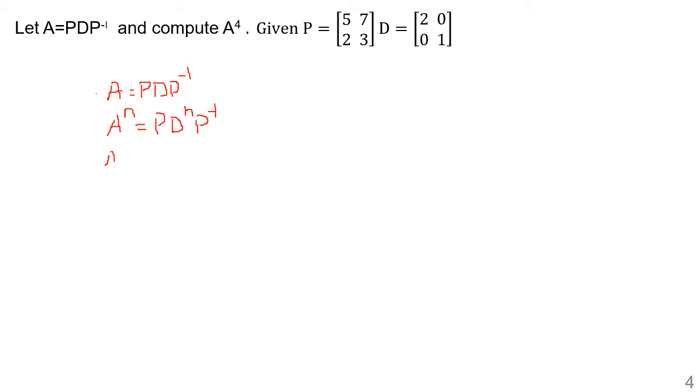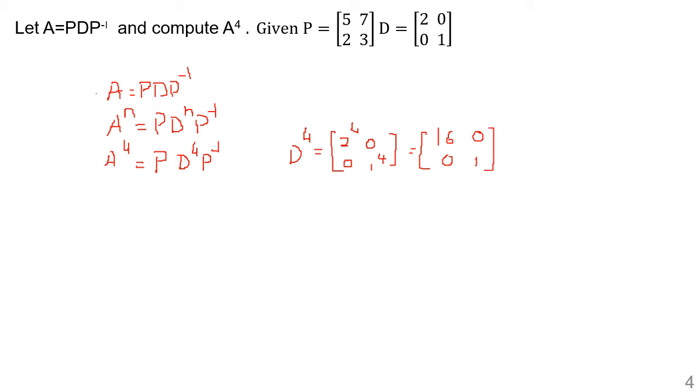So here n equal to 4, so A to the power 4 is C B to the power 4 C inverse. B to the power 4 is given by 2 to the power 4, 0, 0, 1 to the power 4. That gives you 16, 0, 0, 1.